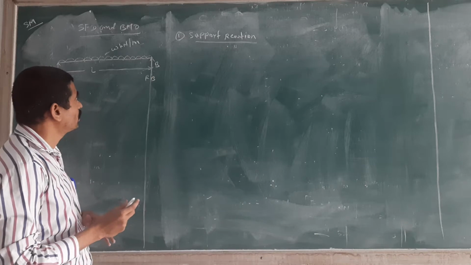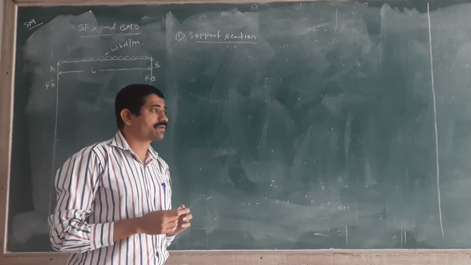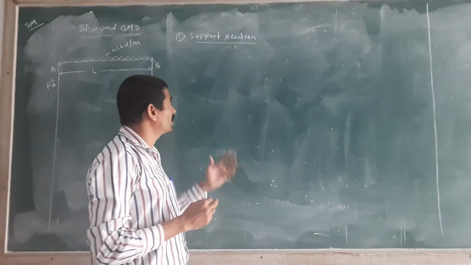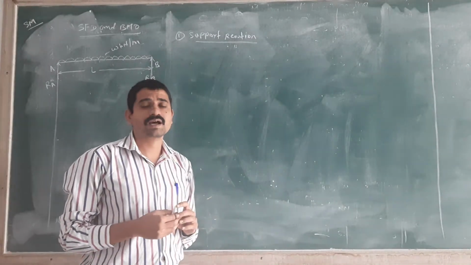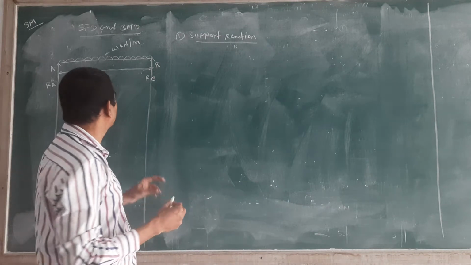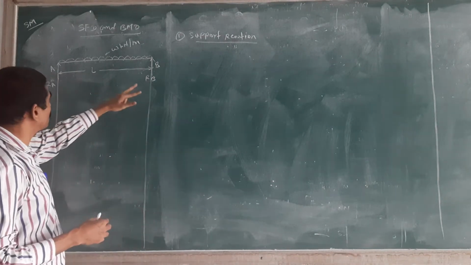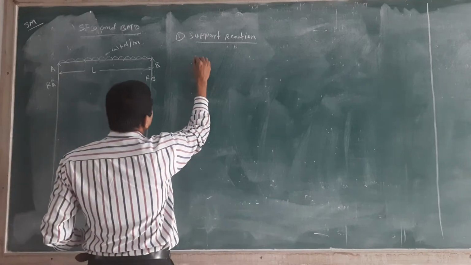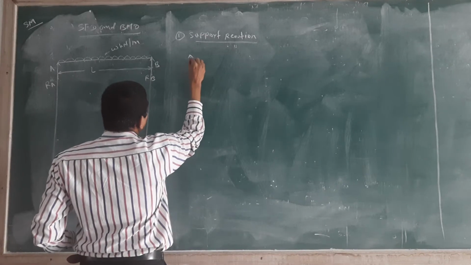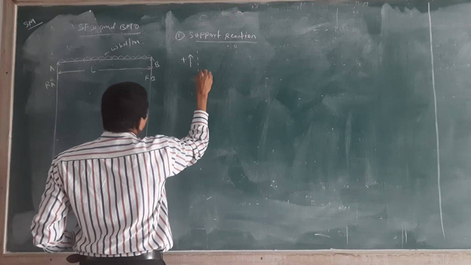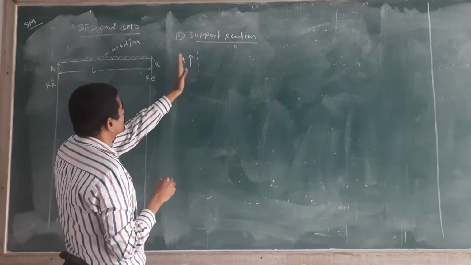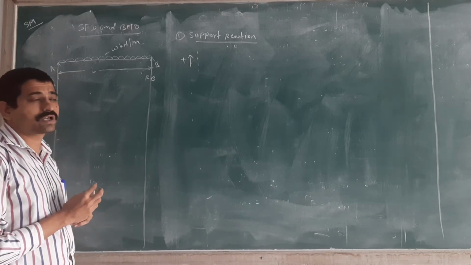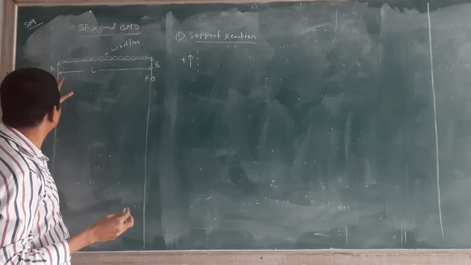Then how to calculate? You know the definition of the SFD: you have to take the summation of the vertical unbalanced forces. Here there are only two forces. I will write the sign convention first. If you consider the left of the section, then you have to consider vertical forces as positive.